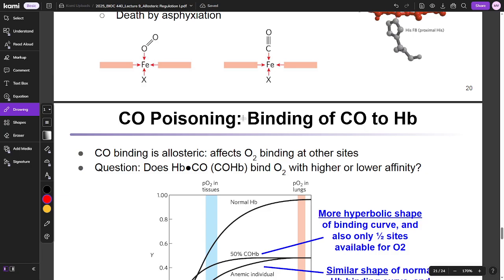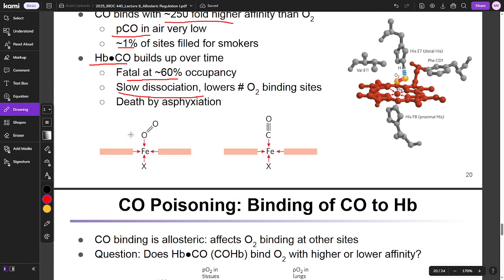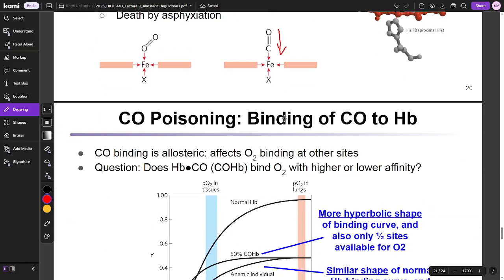But what's interesting is that this whole hemoglobin mechanism with the iron, carbon monoxide also does that. So it actually does increase the binding of O2, but it's so tightly bound that it doesn't let any O2 replace it. So it increases the binding of O2 to other spots, but stops O2 from binding to the spot it is now sitting in.